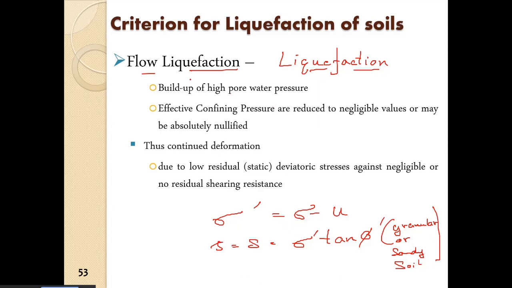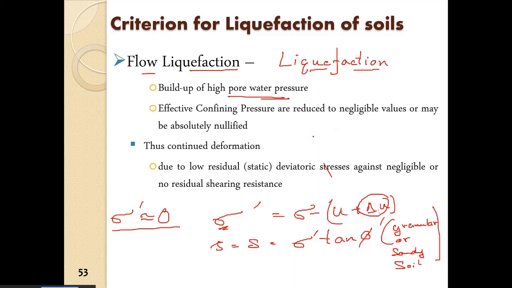Flow liquefaction is that type of liquefaction where there is a buildup of very high excess pore water pressure, to such an extent that the effective confinement is reduced to negligible values or may be absolutely nullified.